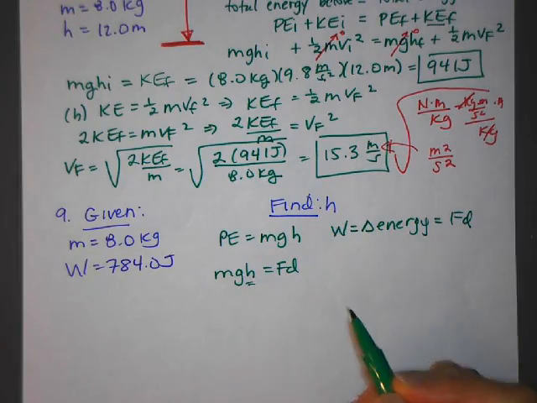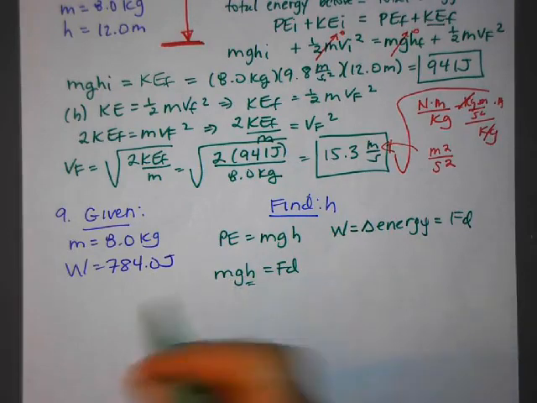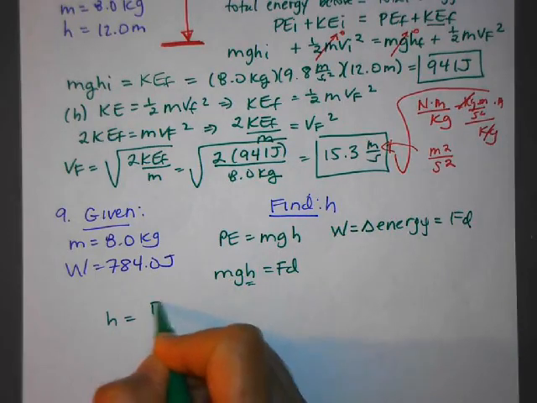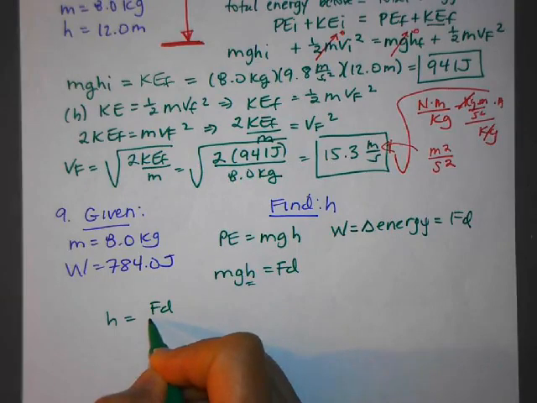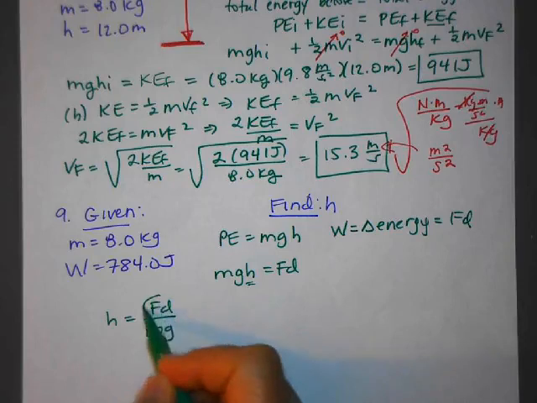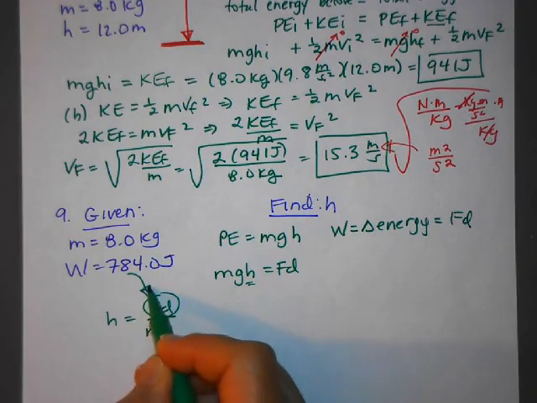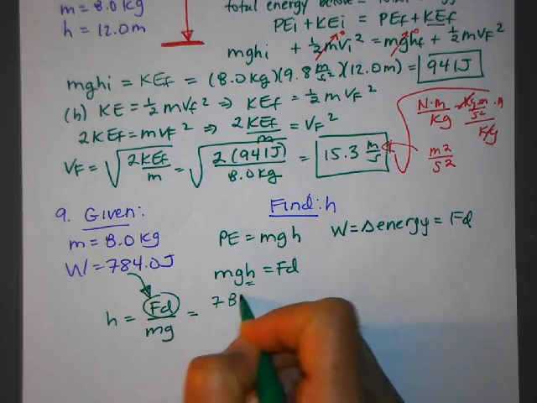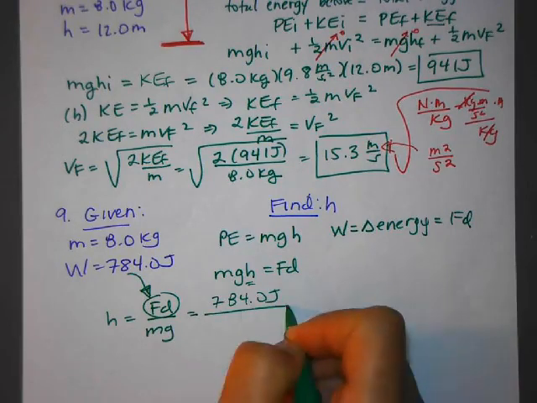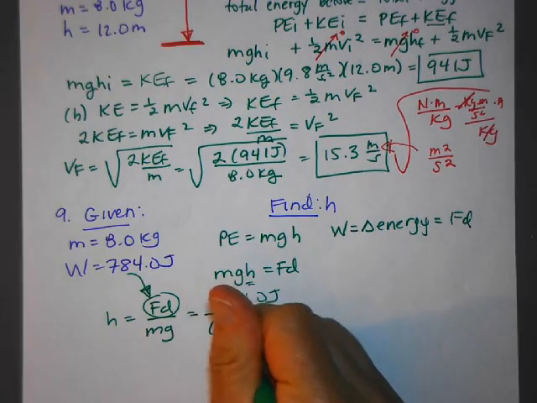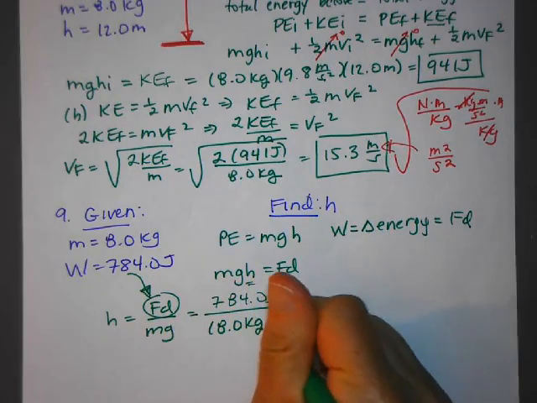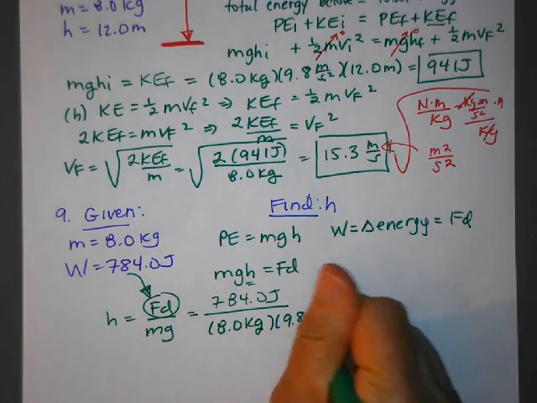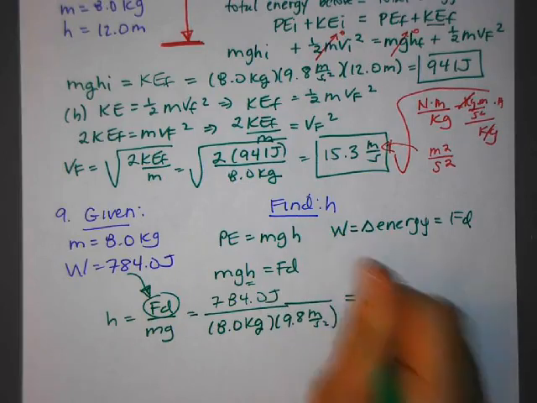I want to solve for h, so I'm going to move this to the other side. I'm going to have h is FD over mg. Well, FD is the work, which I already know. I didn't have to write FD. So that's going to be 784 joules divided by 8 kilograms times 9.8 meters per second squared.